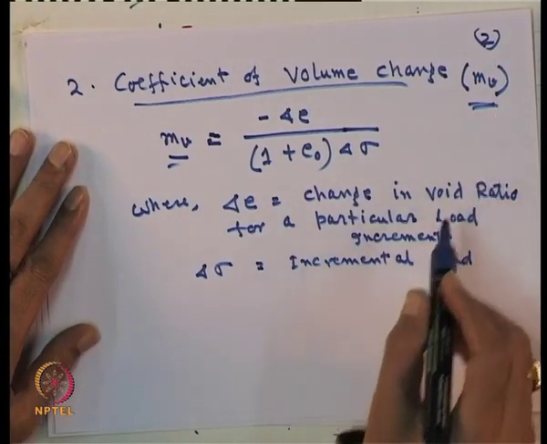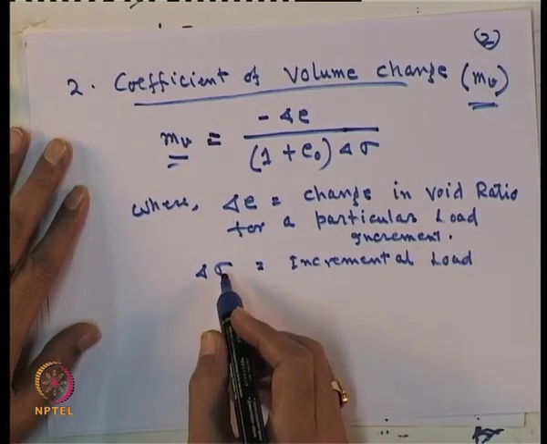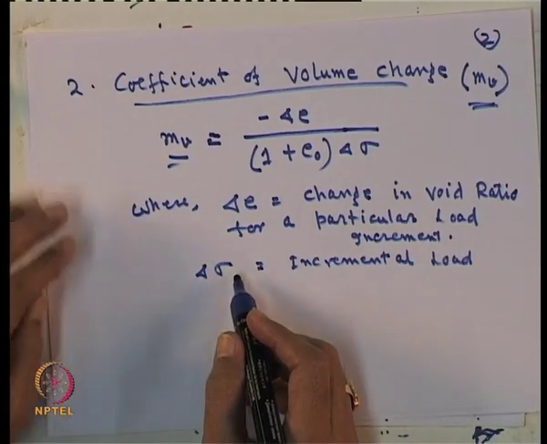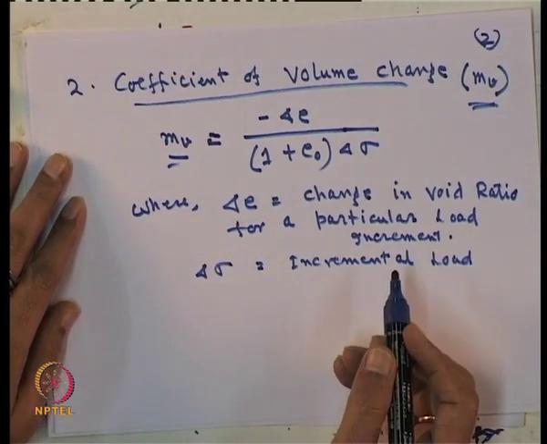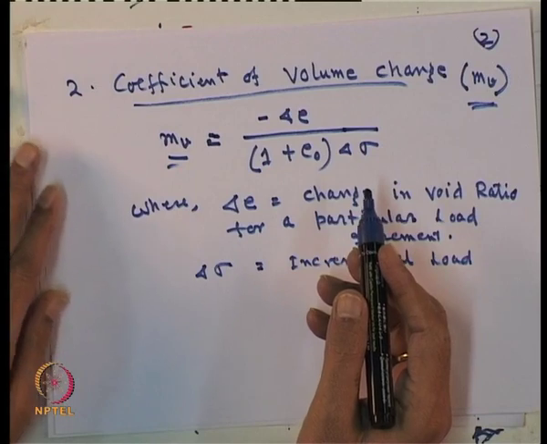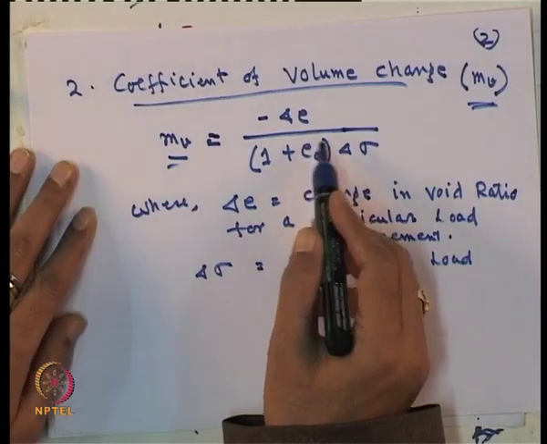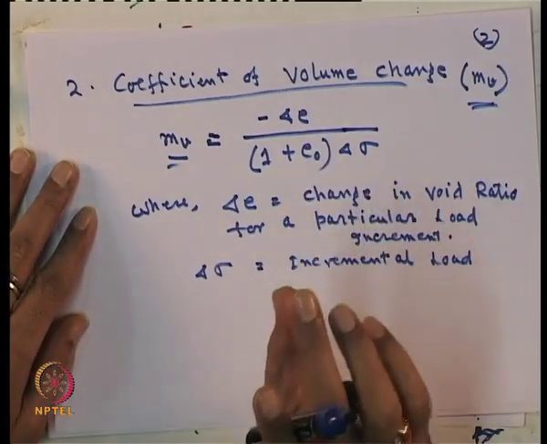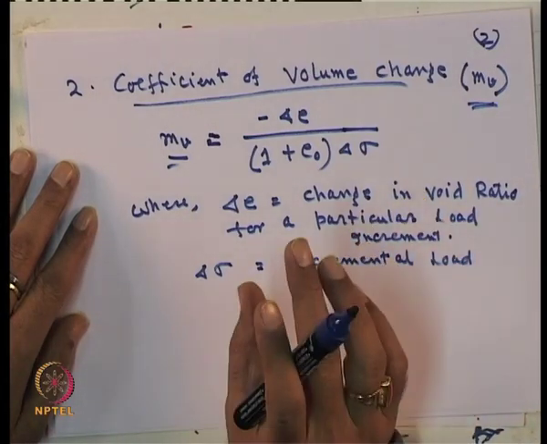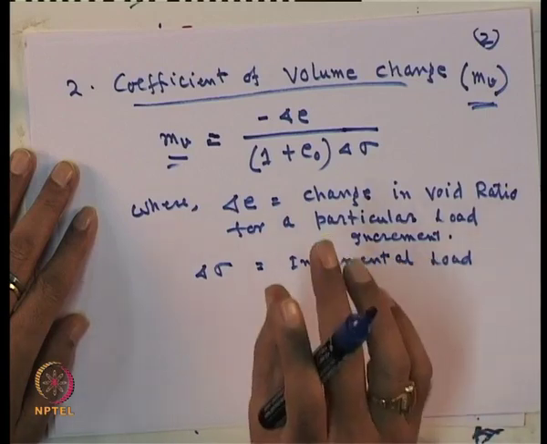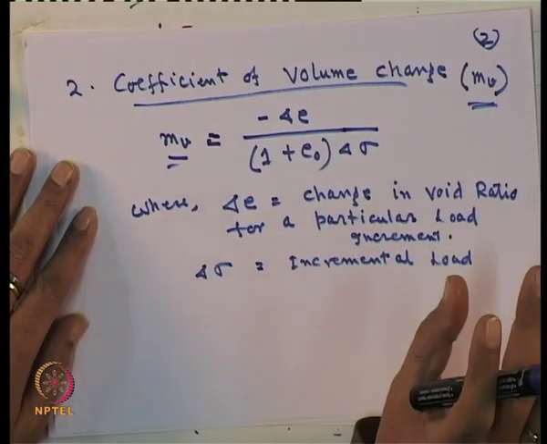For a laterally confined soil, the change of the volume is proportional to the change in the thickness. That is, let us say the change of the thickness is delta H, and the initial volume is proportional to the initial thickness, that is H0.